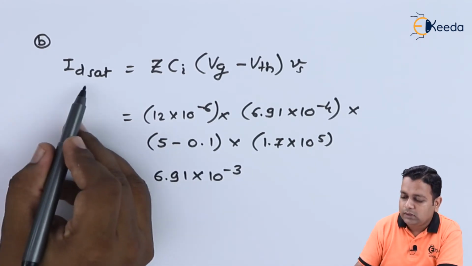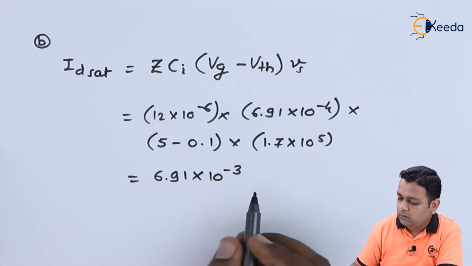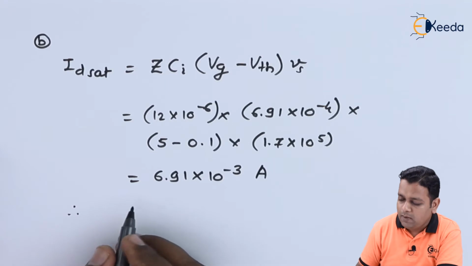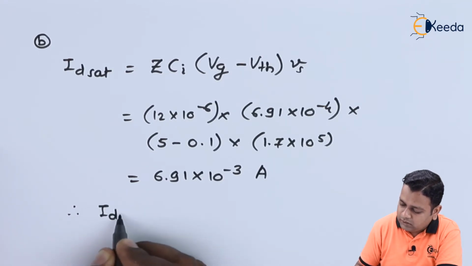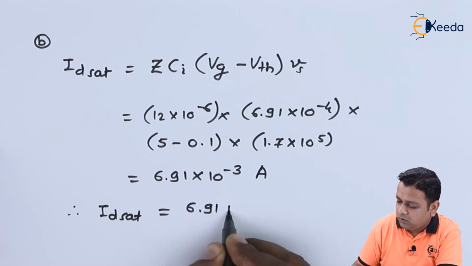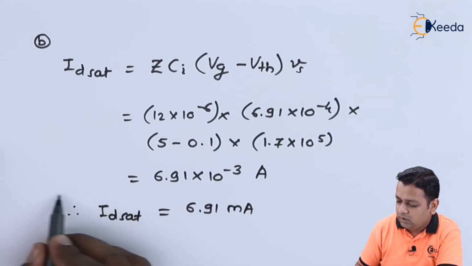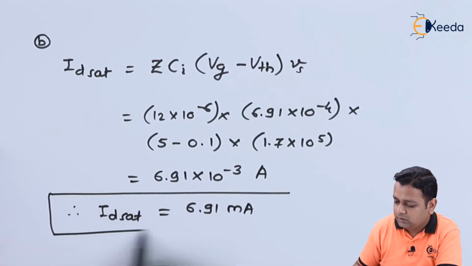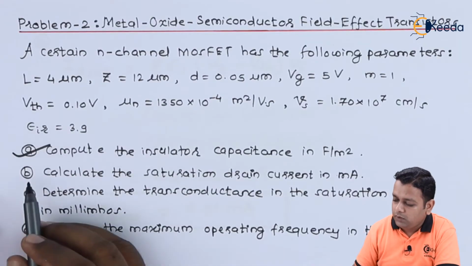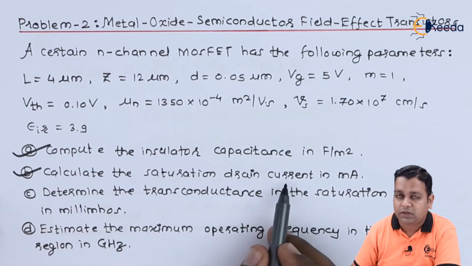As this is the saturation drain current, it should be in terms of amperes. Asked in milliamperes, we put I suffix D SAT is equal to 6.91 milliampere and outline the answer here. So here we are covered with the calculation of saturation drain current.